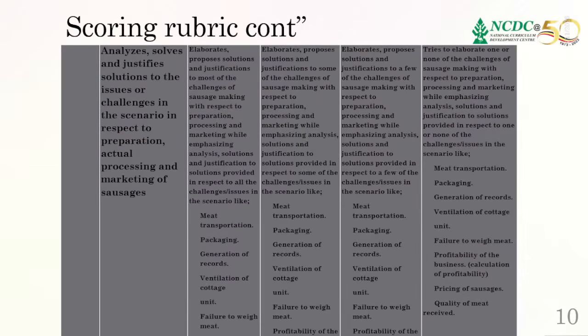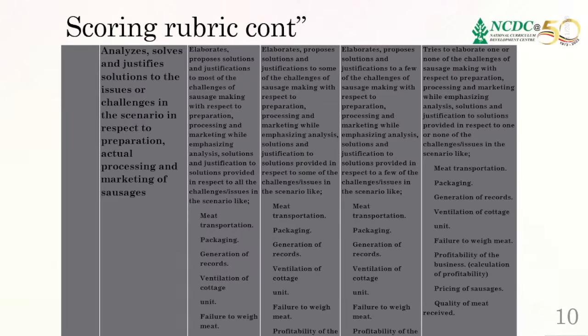Then the second part is analyzing, solving, and justifying the solutions to the issue, where we are looking at challenges in the scenario in respect to the preparation and the actual processing or marketing of the sausage.